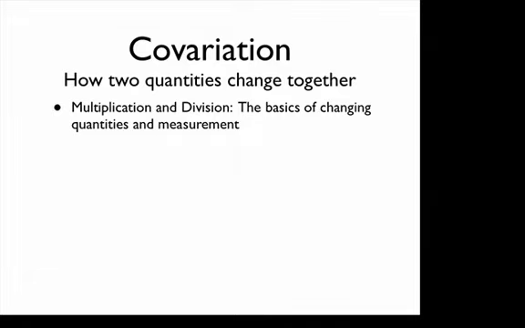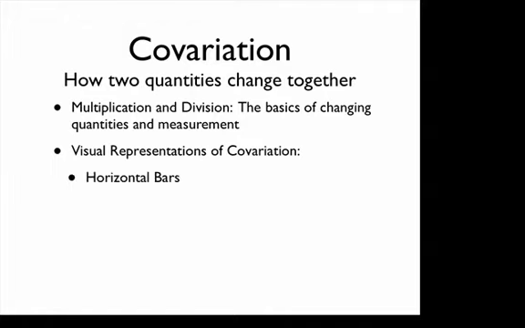So far we saw multiplication was scaling, right? Scaling quantities, division, relative size. Okay, and so we've talked about visual representations. We've done the bars. And then last time we talked about the graphs that you're more familiar with, right? The standard graph, x and y axes.